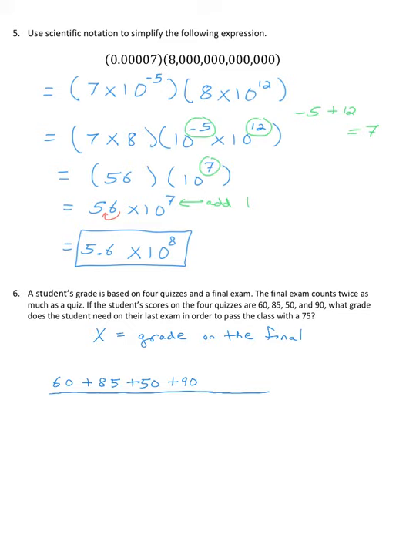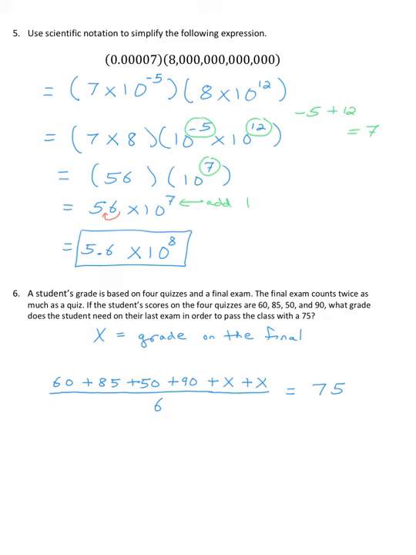If the final counts twice as much as a quiz, that means you're adding it in twice to our average. So when you divide, you have 4, technically 6 things that you're dividing by because you're putting the final in 2 times. Now, we want this to equal a 75.